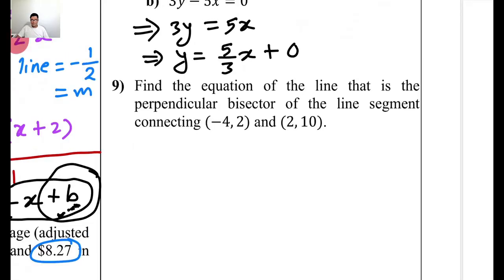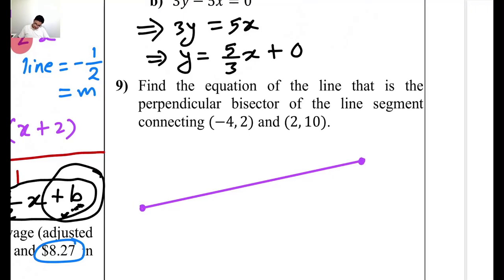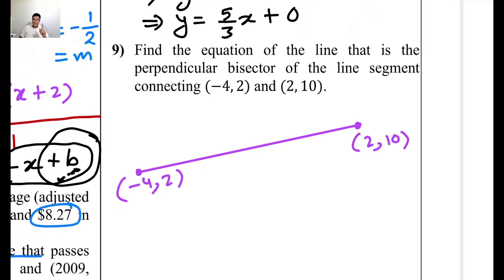Next question. Find the equation of the line that is the perpendicular bisector of the line segment connecting that and that. So you are given this line segment from where to where? To -4 to 10. And what is the equation that you need to find? Perpendicular bisector. So it bisects, it's in the middle and is perpendicular to this line.